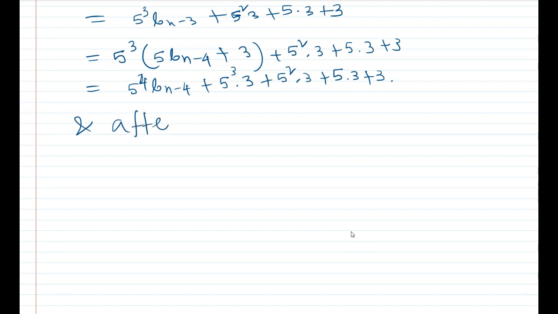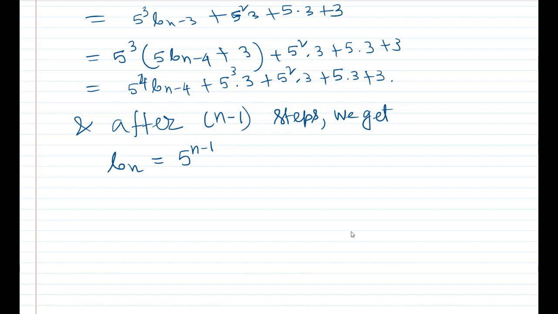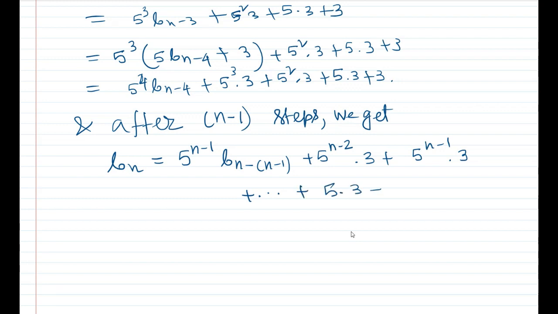And after n minus 1 steps, we get bn is equal to 5 to the power n minus 1 b1 plus 5 to the power n minus 2 into 3 plus and so on, plus 5 into 3 plus 3.